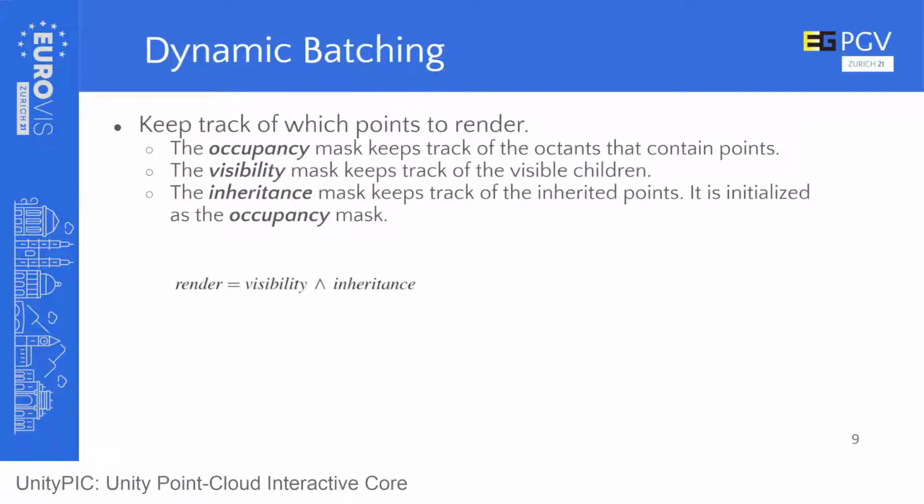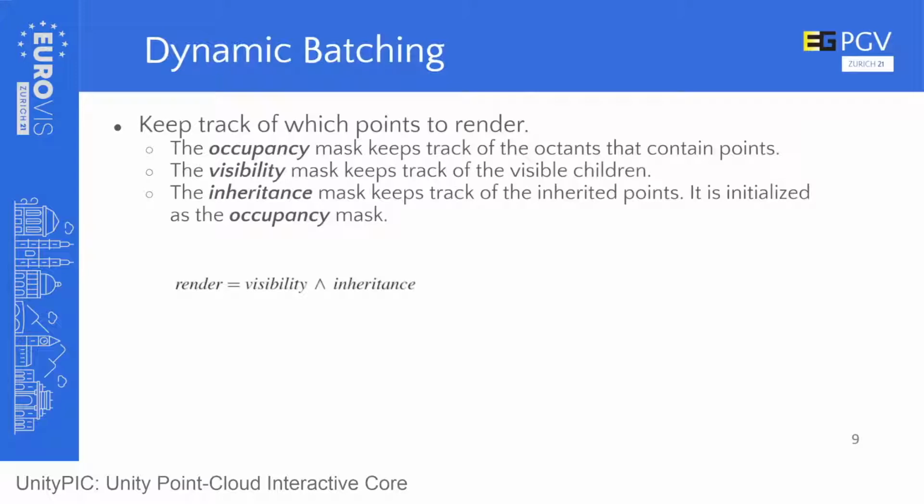After dynamic batching, the rendering of the points now requires a test to check whether a point should be rendered. We summarize that information into a single mask for each node. We define the occupancy mask to keep track of the octants that contain points, the visibility mask to keep track of the visible octants or children, and the inheritance mask to keep track of which points have been inherited.